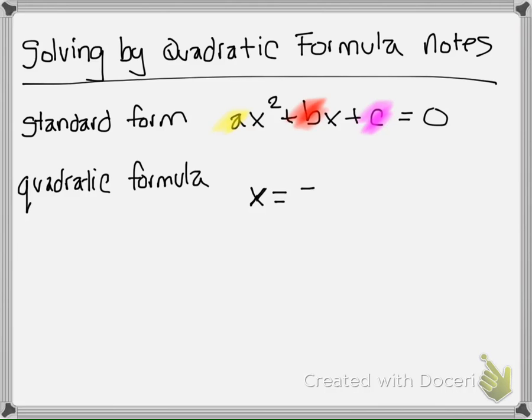It says take the opposite of b, and then you're going to add and subtract the square root of b squared minus 4 times a times c, and all of that is going to be divided by 2a.